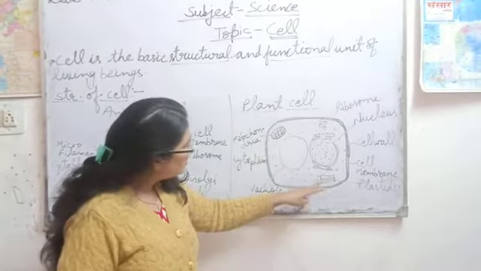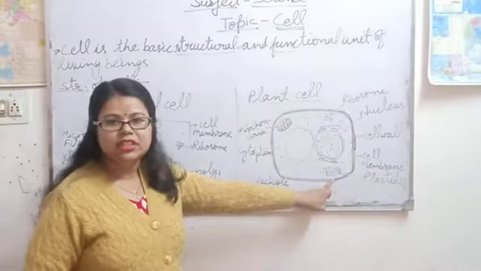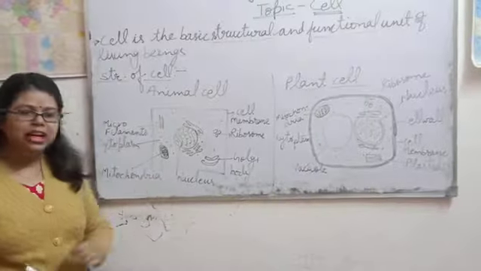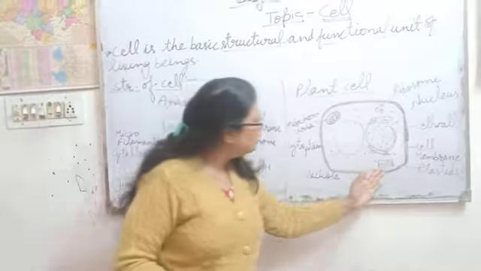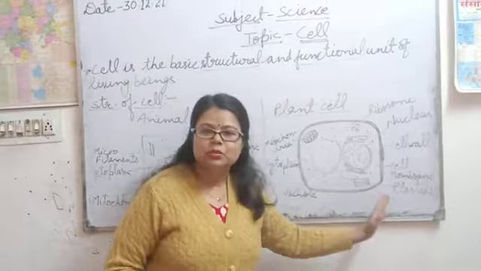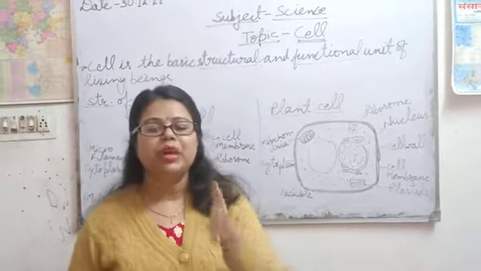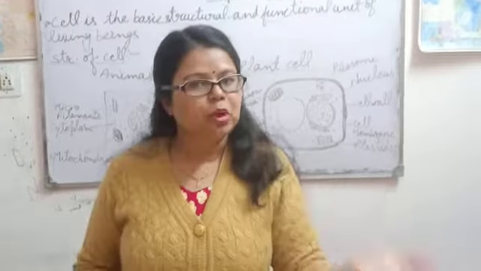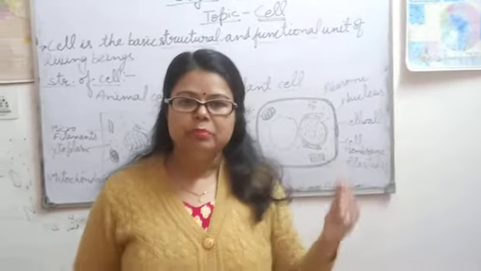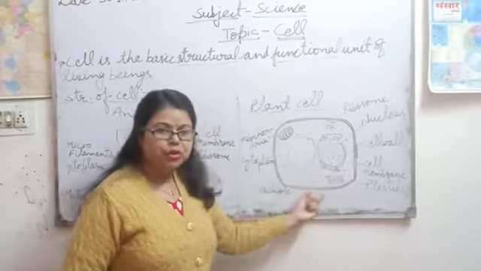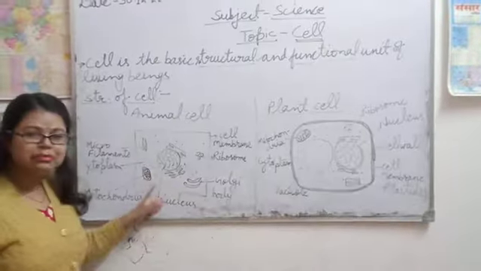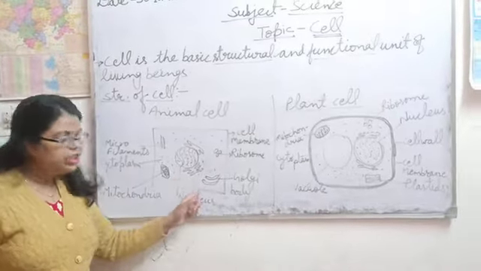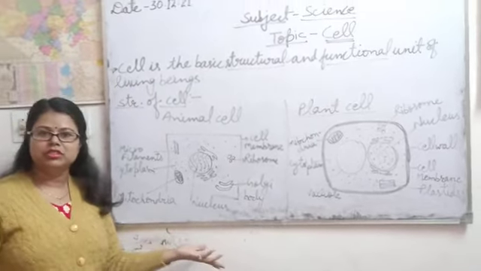Plant cells also have plastids. These plastids are absent in the animal cell. These plastids help the plant make food by the process of photosynthesis. But photosynthesis is absent in animal cells, so there is no need for plastids.